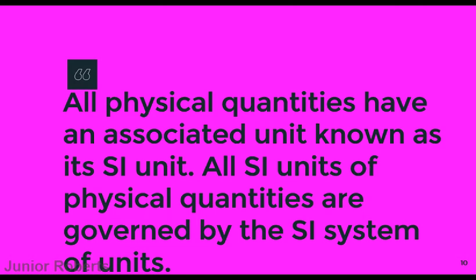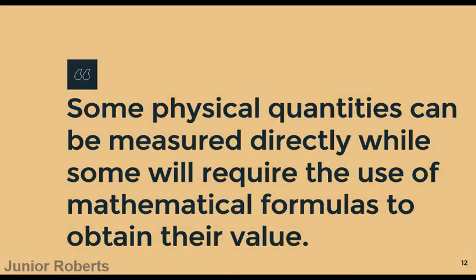All SI units of physical quantities are governed by the SI system of units. So all units that we will ever use to represent our physical quantities will come from that SI system of units. Some physical quantities can be measured directly, while some will require the use of mathematical formulas to obtain their value.